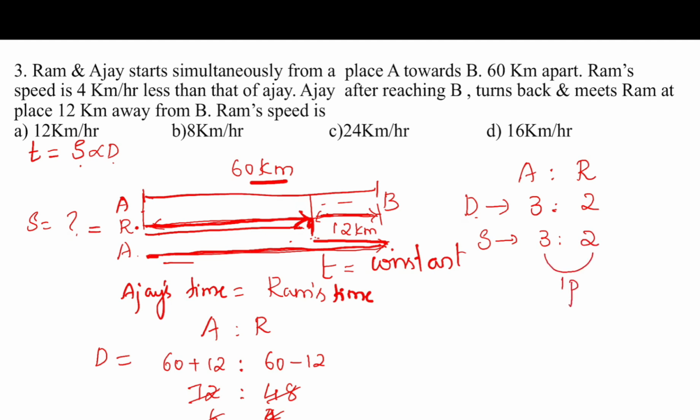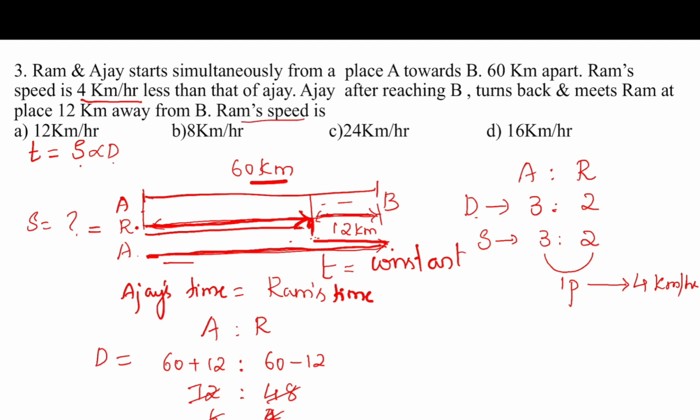Now the difference between this ratio is how much? 1 part, isn't it? And the difference between Ajay's speed and Ram's speed is how much? 4 kilometers per hour, because Ram is taking 4 kilometers per hour less than Ajay. So 1 part is 4 kilometers per hour.